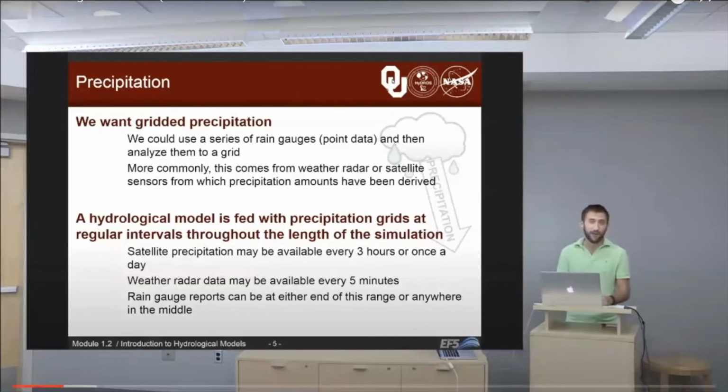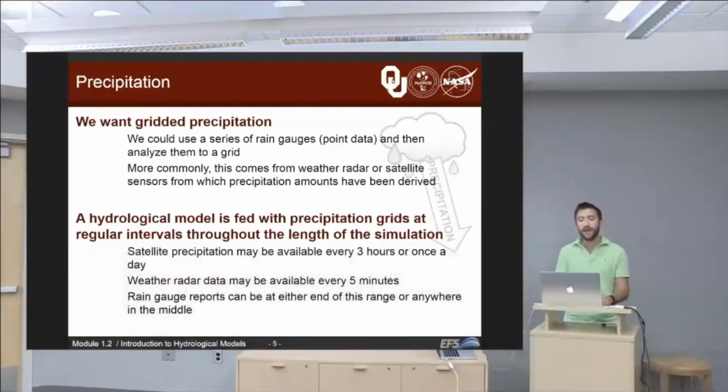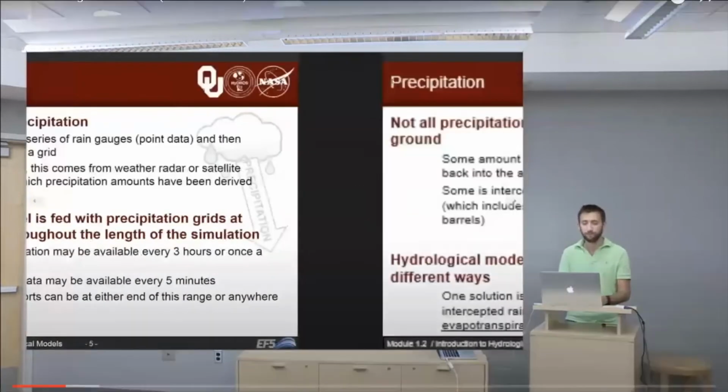Rain gauge reports might happen every minute or once a day. And depending on what those intervals are, that helps to guide how often you want to run a hydrological model.